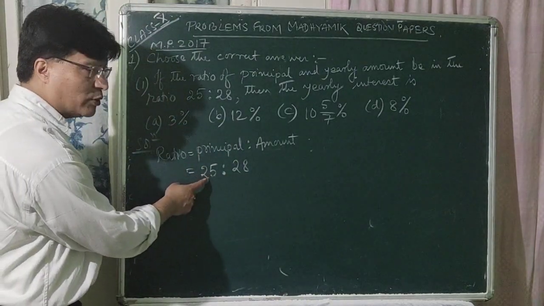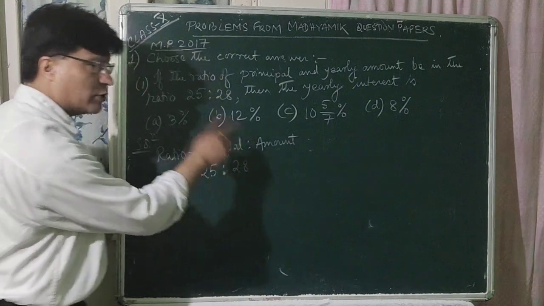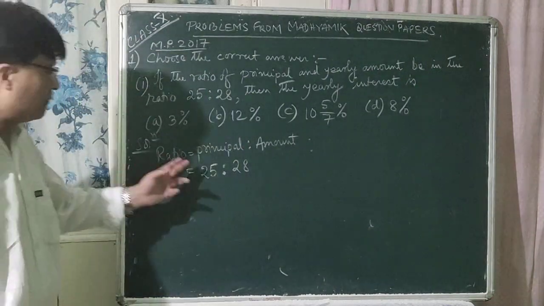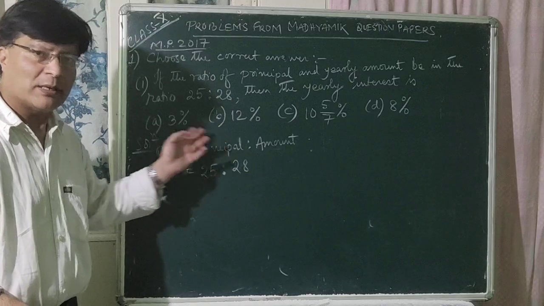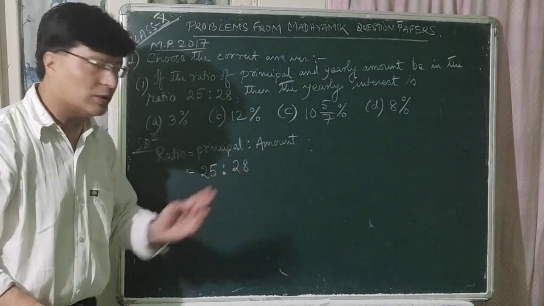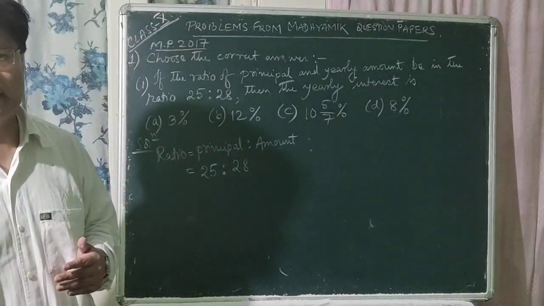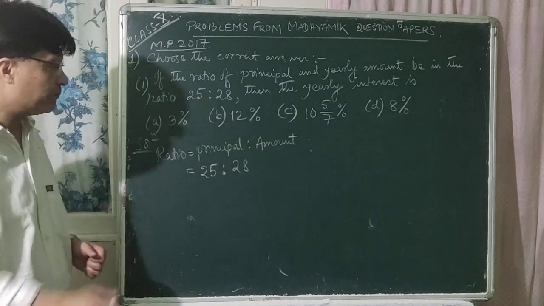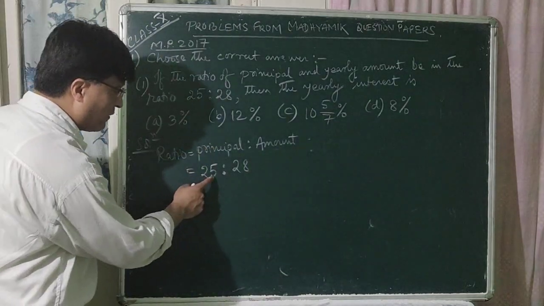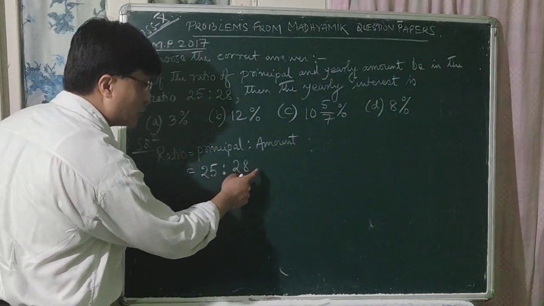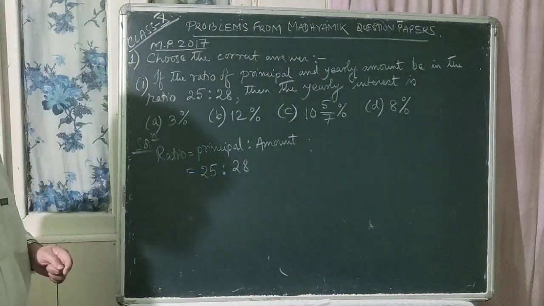That means if 25 is increased by 2 times, this 28 is also increased by 2 times. Okay. So if you multiply 25 by x, this 28 should also be multiplied by x. Okay.